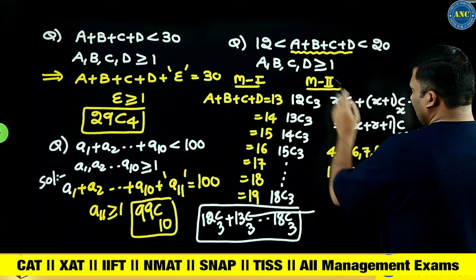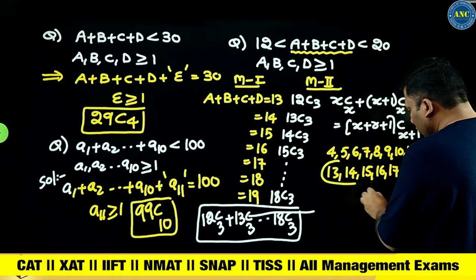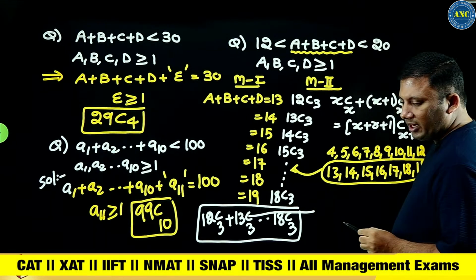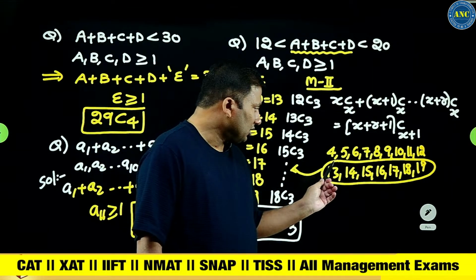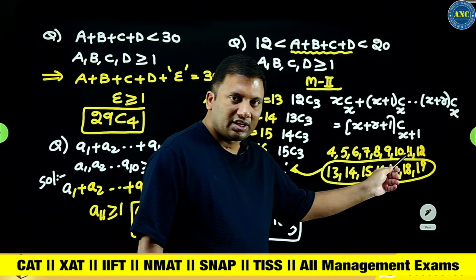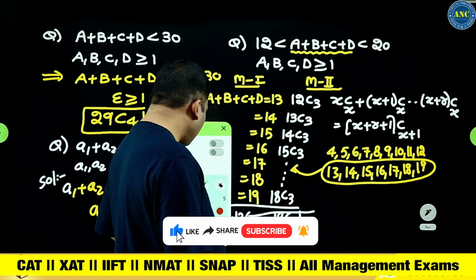I want this part, 13 to 19. Am I right? 13, 14, 15, 16, 17, 18, 19. I want this part.